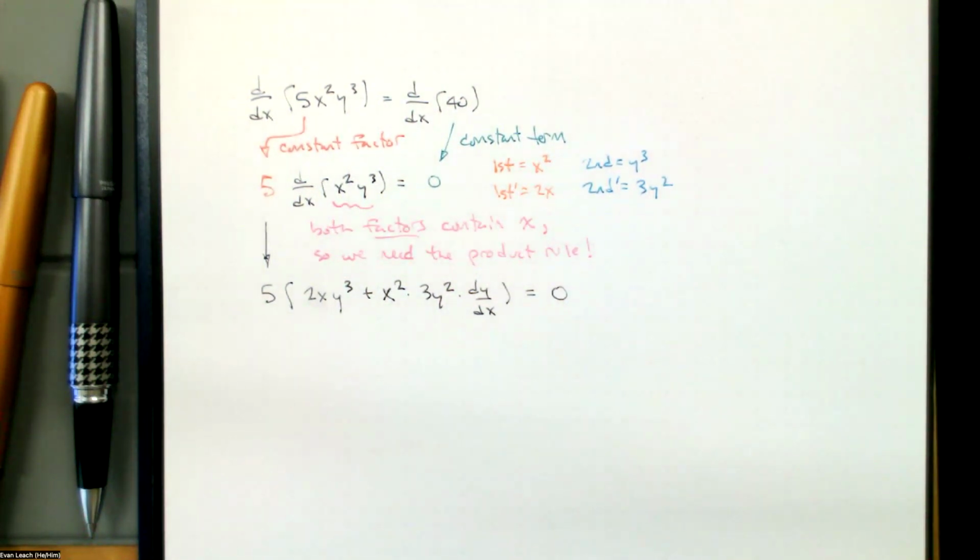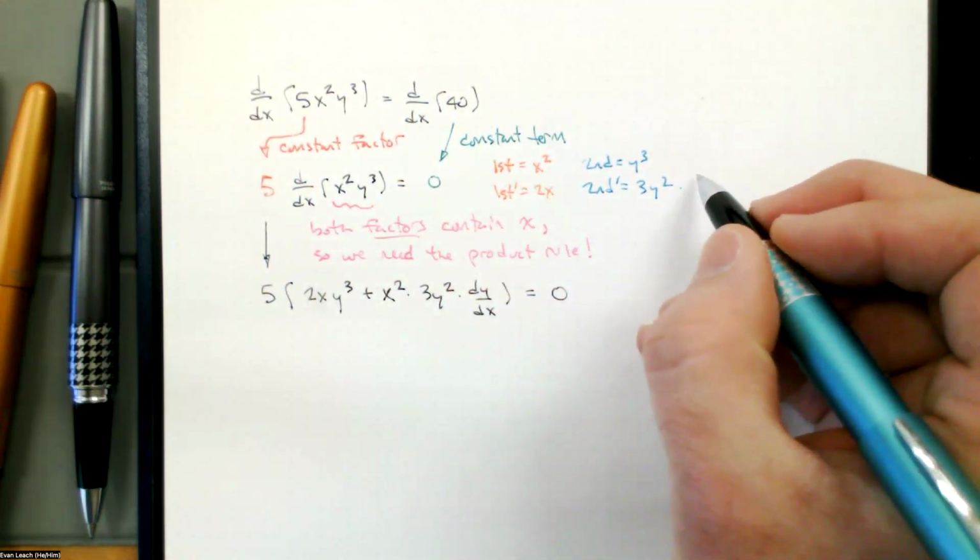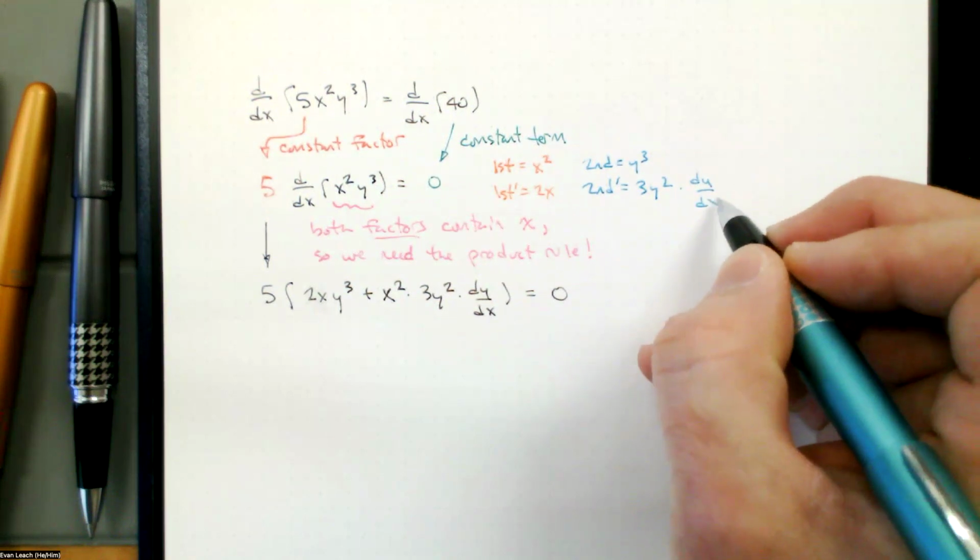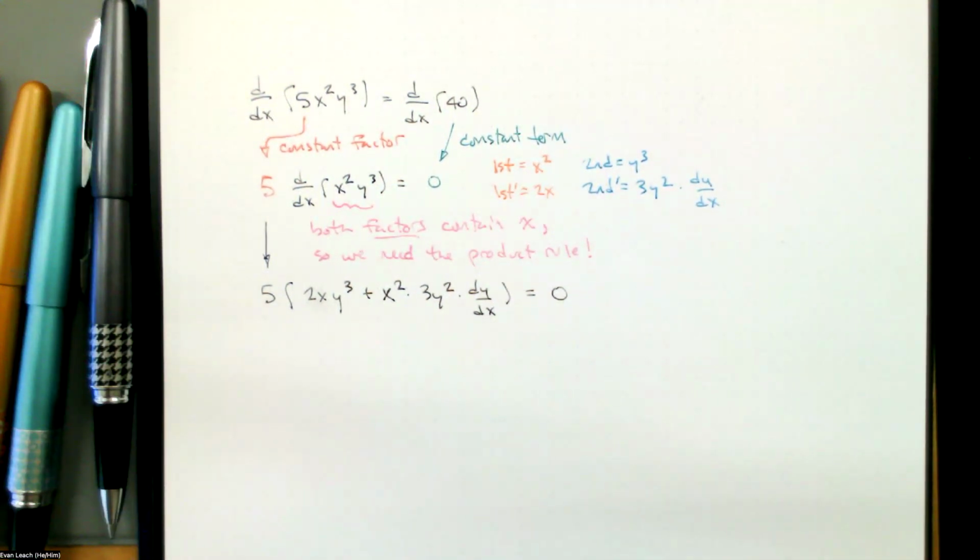When we write 3y squared, that's the derivative with respect to y, but we're looking for the derivative of y with respect to x. Now we have an equation that has dy dx, x, and y.